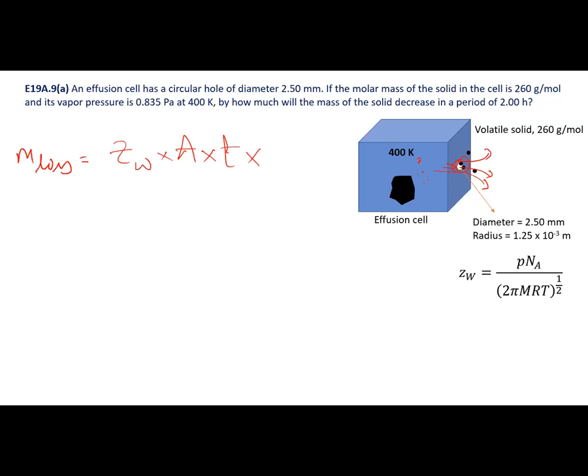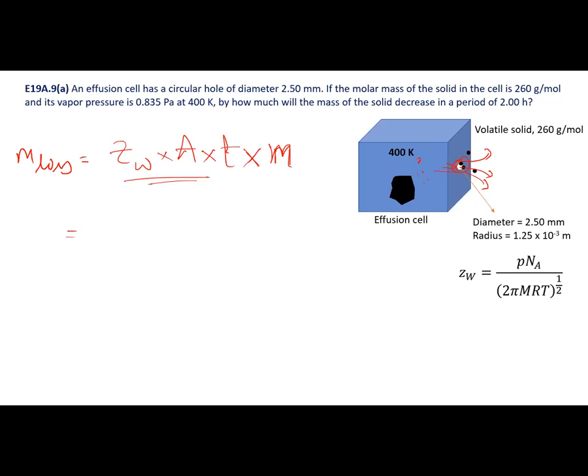And this is the number of molecules that are going out of it, so we also need to find the mass of those molecules. It's not molar mass, just mass, to determine the entire mass loss, right?